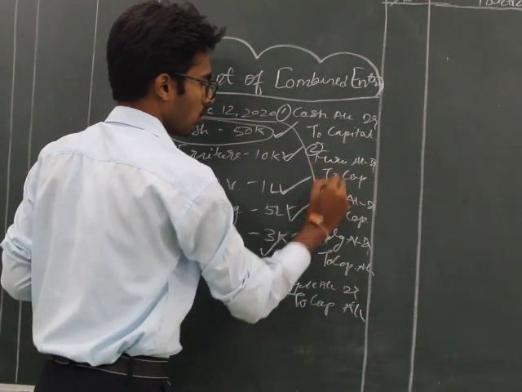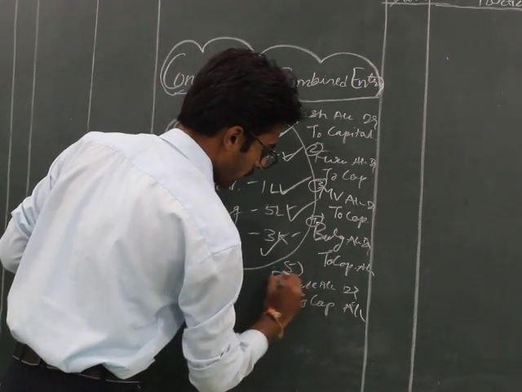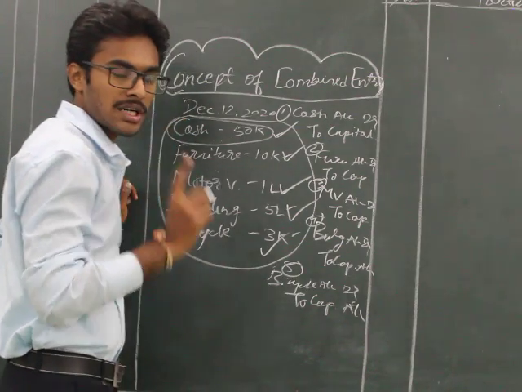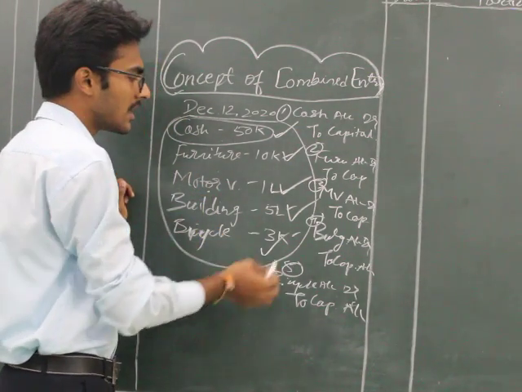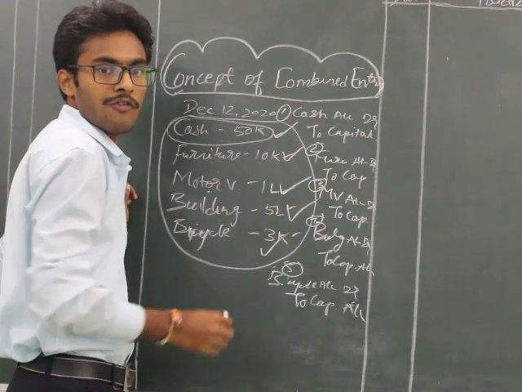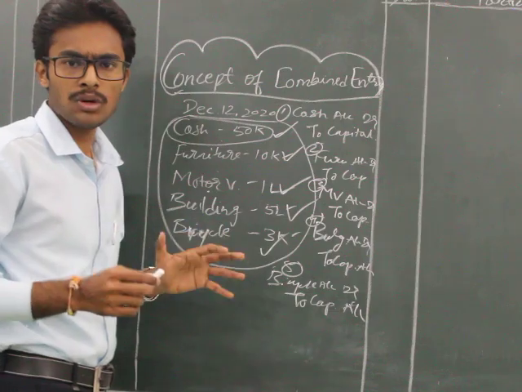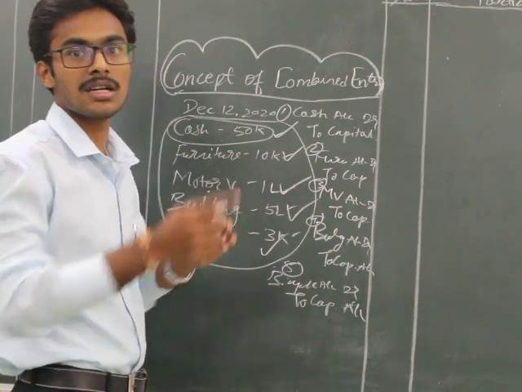So how many entries do we make? 1, 2, 3, 4 and 5, because there are 5 things in a particular transaction. On a single day, at a single stroke, they are making transactions for 5 things. So how can a financial accountant combine these entries?